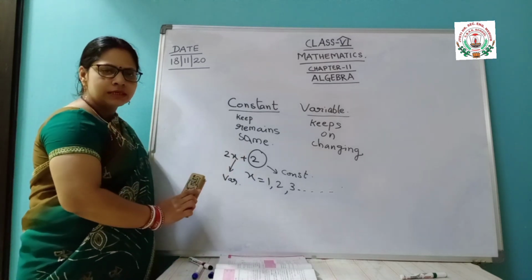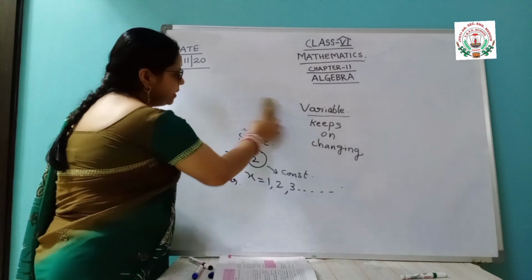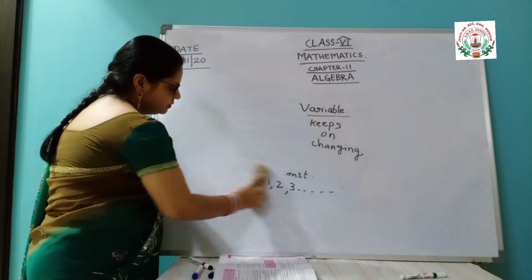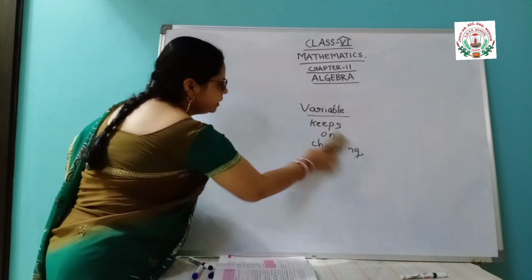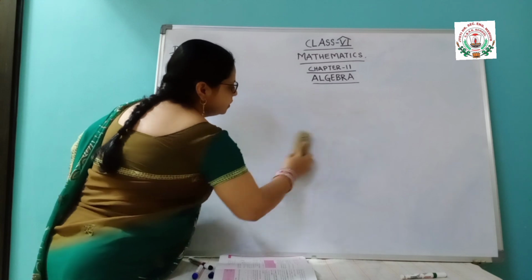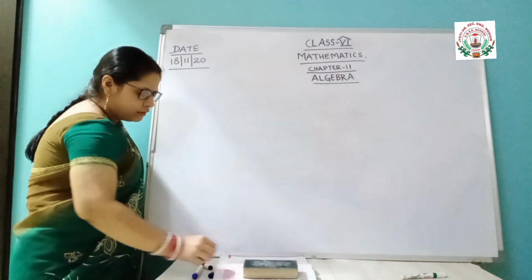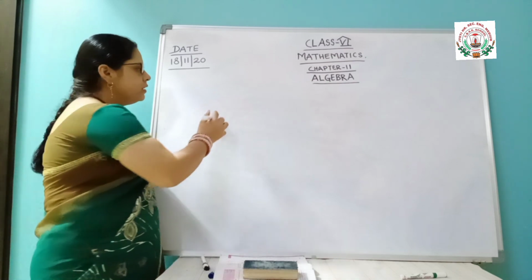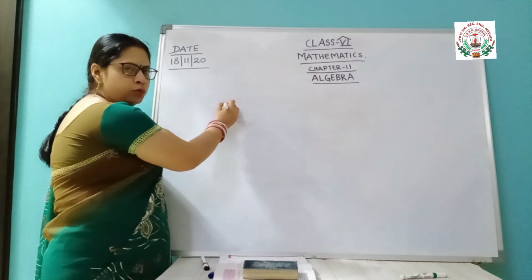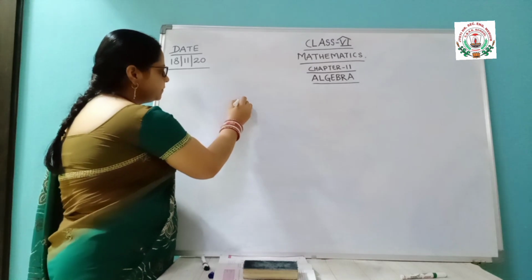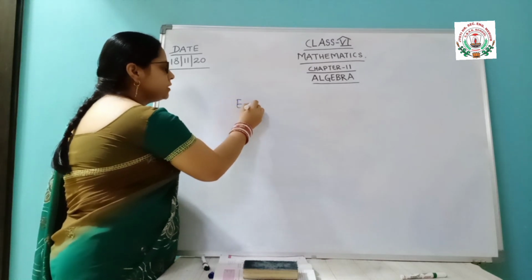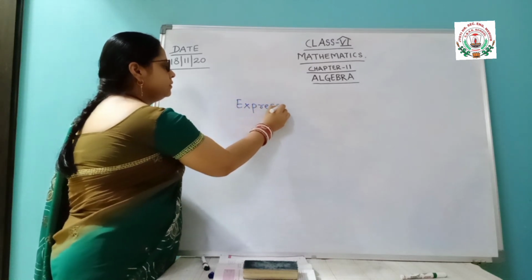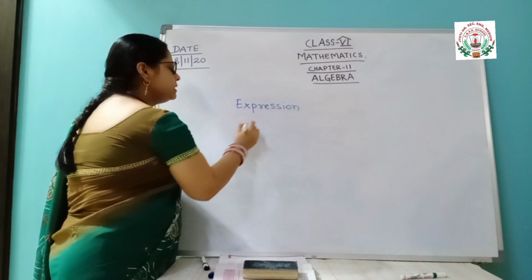This difference is clear. Now coming to the questions, how we are going to solve them. Before that, you must understand that constants and variables are clear. After that you need to understand what is an expression and what is an equation.